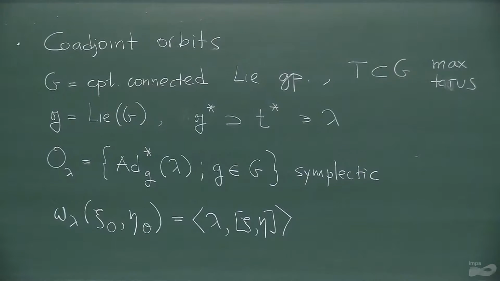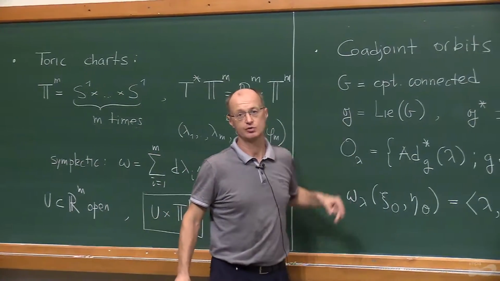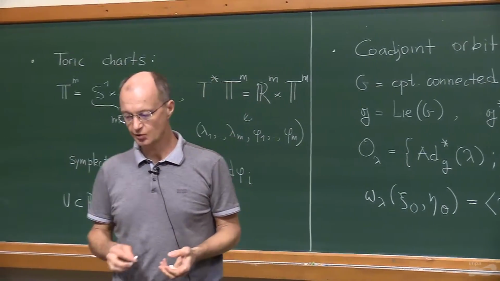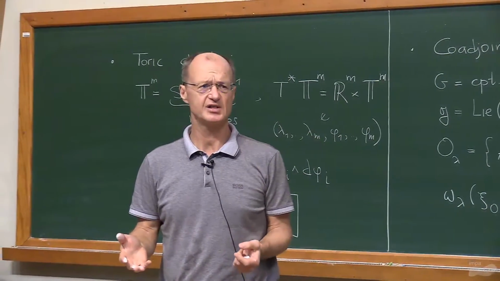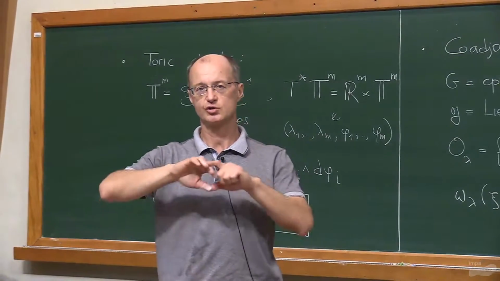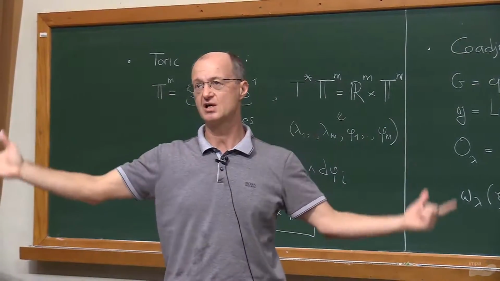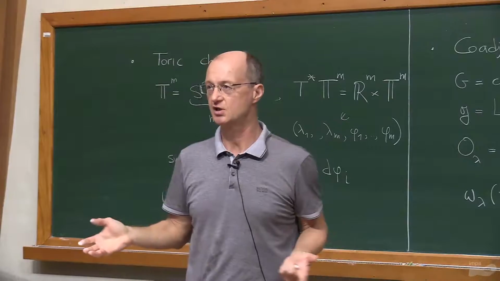And the question is how we can build as large as possible toric charts within coadjoint orbits. Here, in some sense, the difficulty is that we can imagine coadjoint orbits as some kind of roundish objects.